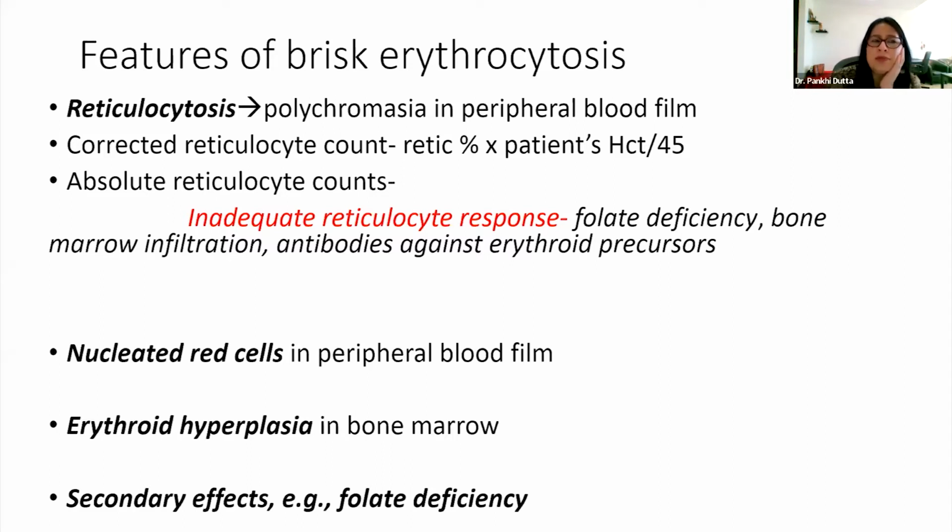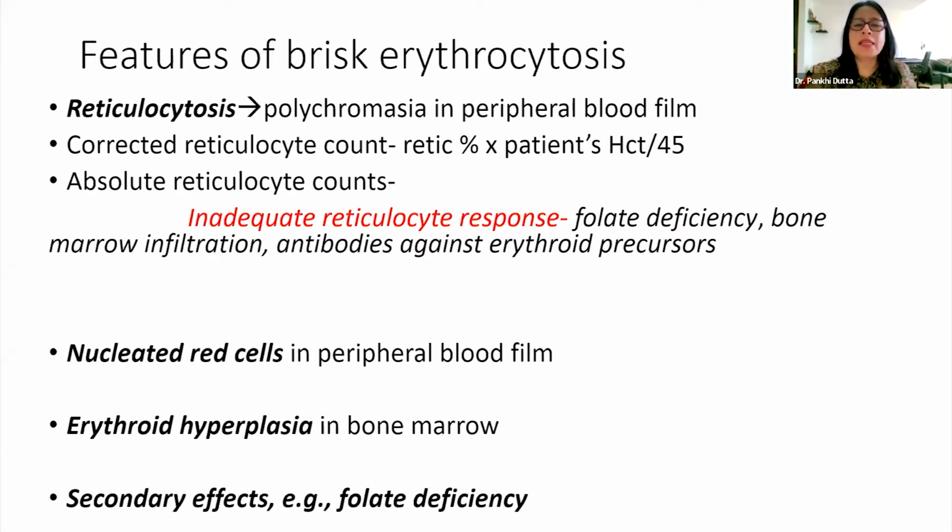Now, one problem with retic count: we are all used to reticulocyte percentage. I'm sure most of you are now using automated counters with automated retic counts. Otherwise, the manual count involves supravital staining. One has to be very clear that you count enough number of RBCs to express in percentage.